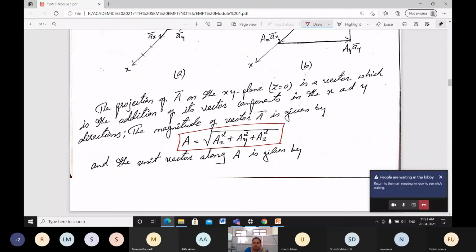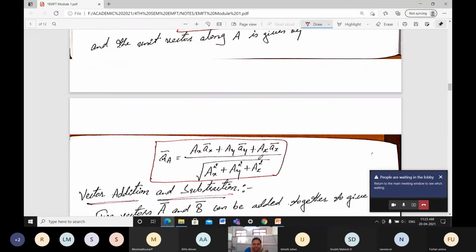This magnitude is what we learn in the ECA subject, and here it is the same. We square the vector components, add them, then take the square root. The unit vector along a direction is given as small a bar. Remember, which direction we are considering is very important for a unit vector.